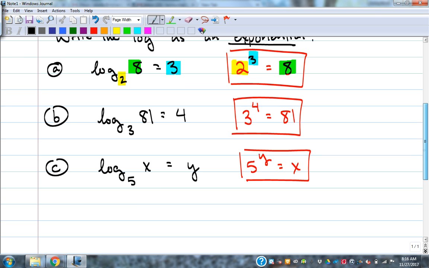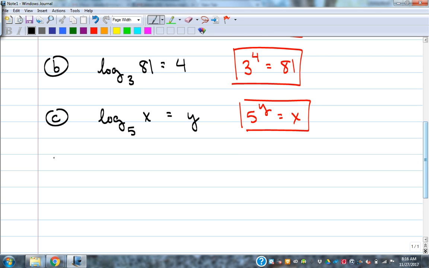Okay. Now, where they can throw you a little bit with this is when they write log and then don't write a base there. They'll just do something like log of 1,000. What base do we think this could be?